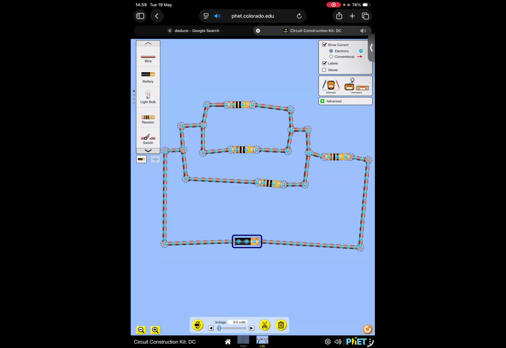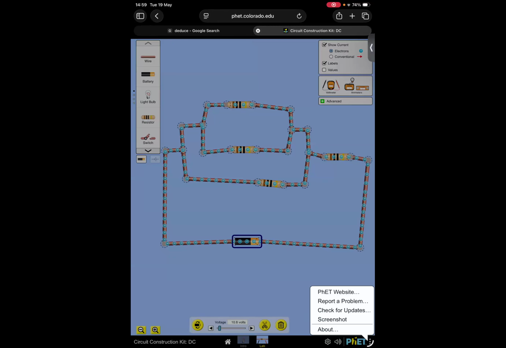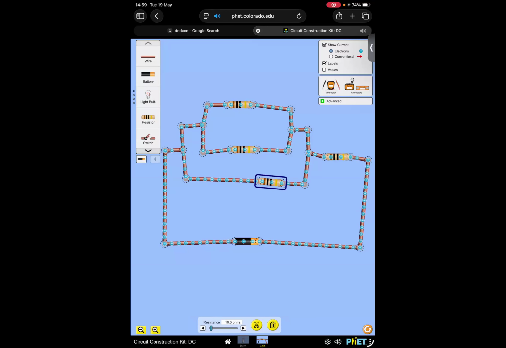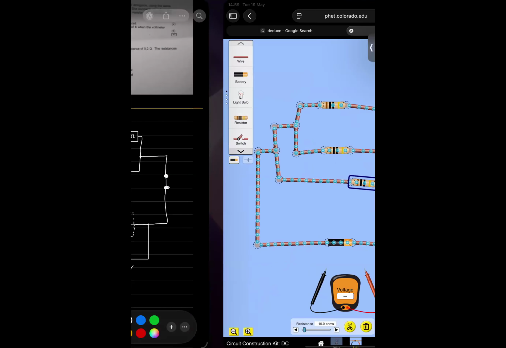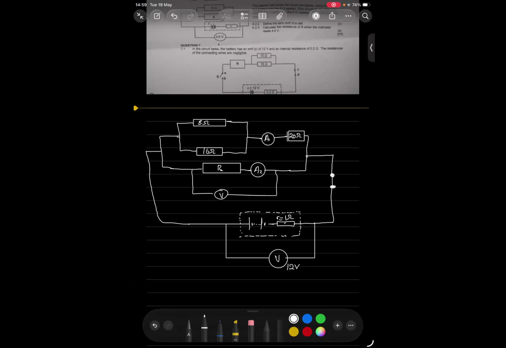So in this, okay. Let's say it's 11 volts. Then I see my voltage here. This is the R. So now I want to focus on this R here.